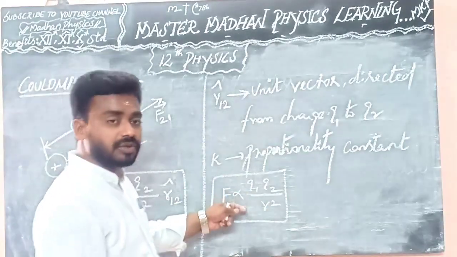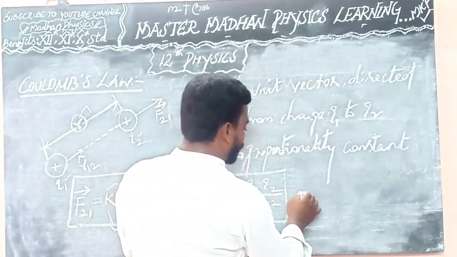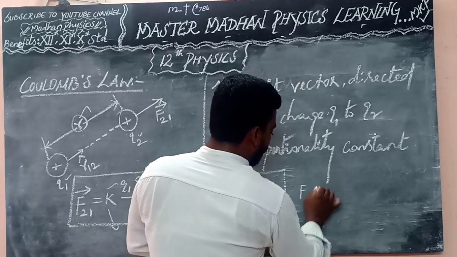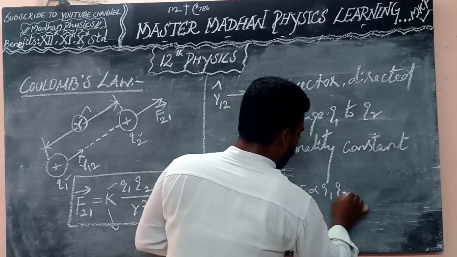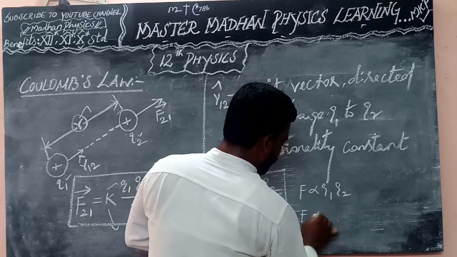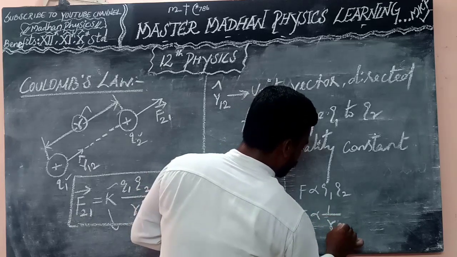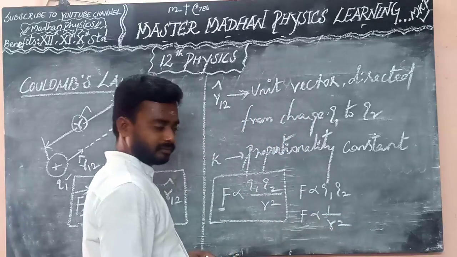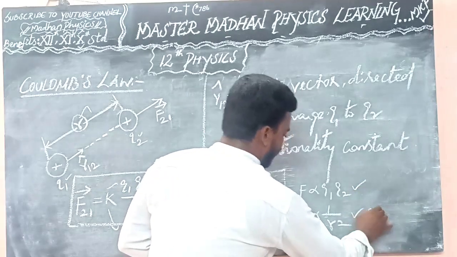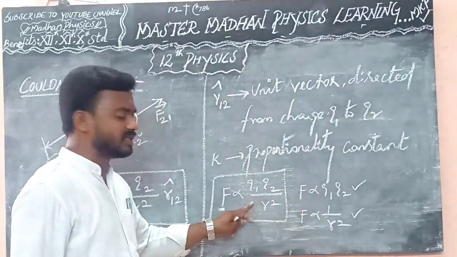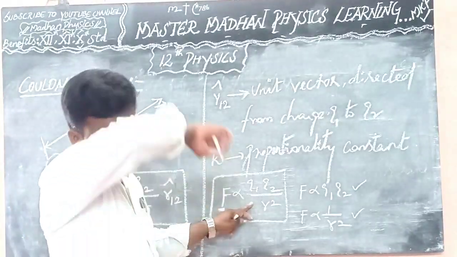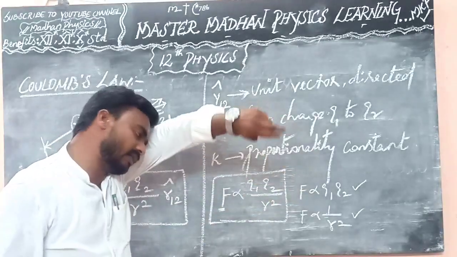So we can write the equations: F is directly proportional to Q1 Q2, and F is inversely proportional to the square of the distance. We can write these two equations. This is the formulation.